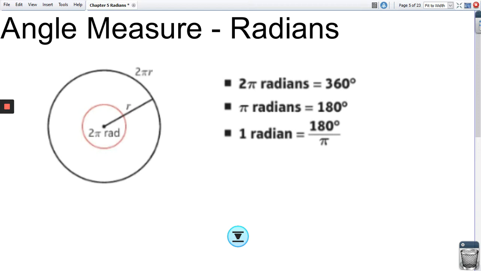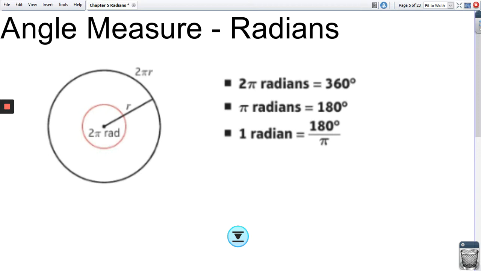And we can use this as a conversion, like we convert between miles and kilometers. When we have so many miles, we know that 1 mile is 8 over 5 kilometers. So we take the number of miles and we multiply by 8 over 5.